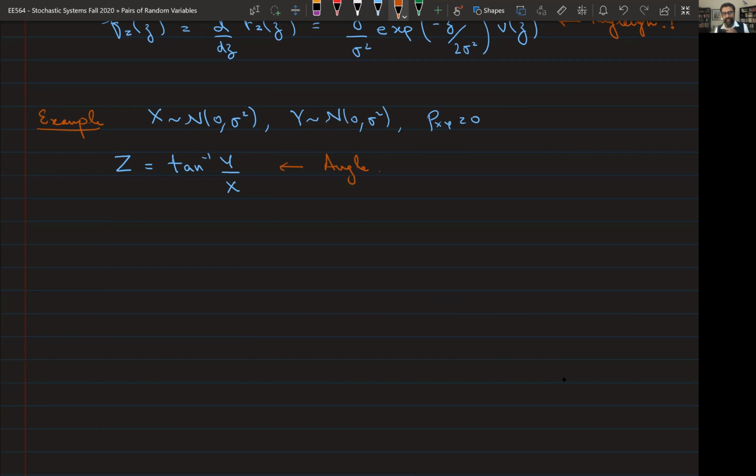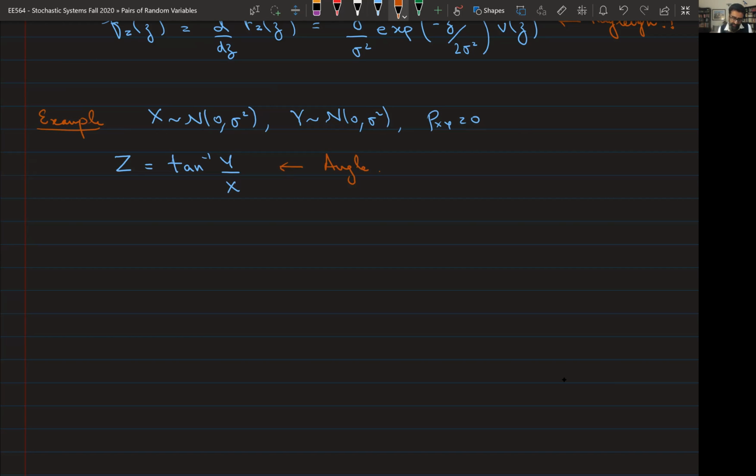Okay. So if x and y were the coordinates of a body in a two-dimensional coordinate system, and we found out that the distribution of the distance from the origin follows a Rayleigh distribution, now we're interested in finding what about the angle z that it makes with the positive x-axis? What distribution does it follow? That's the question we're interested in answering.